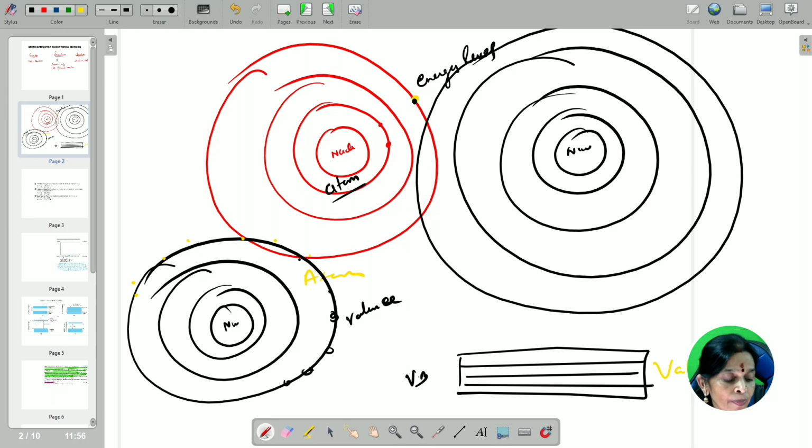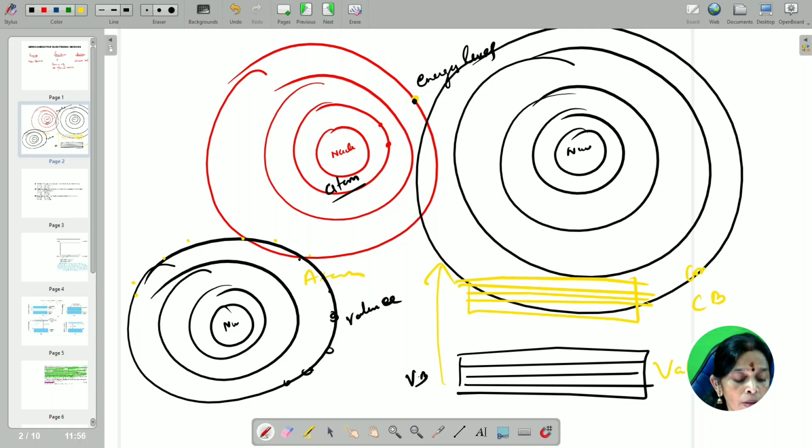The continuous energy levels just above the valence band energy levels you call the conduction band. So what do you mean by energy bands? Energy bands are nothing but continuous energy levels.